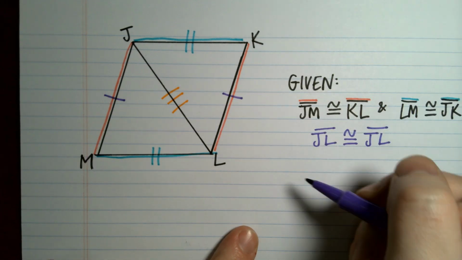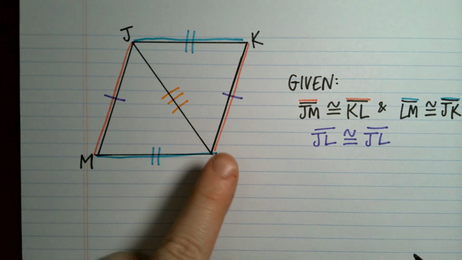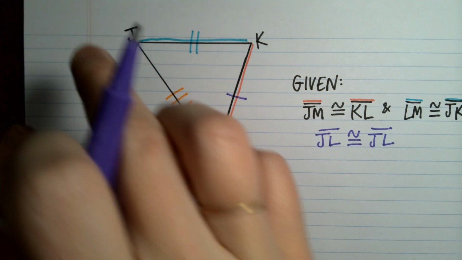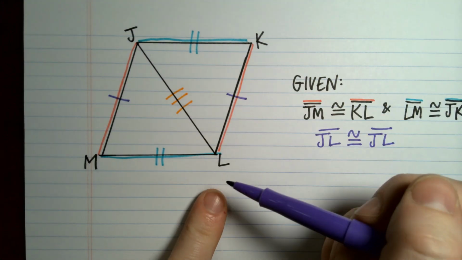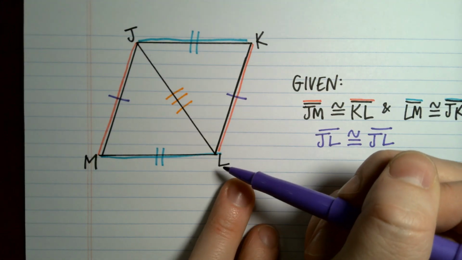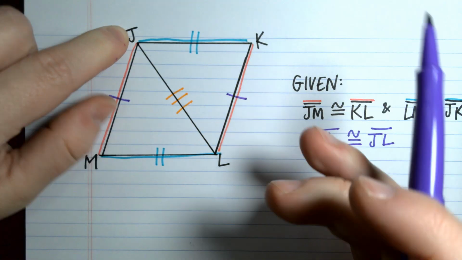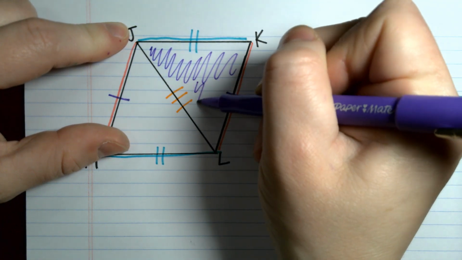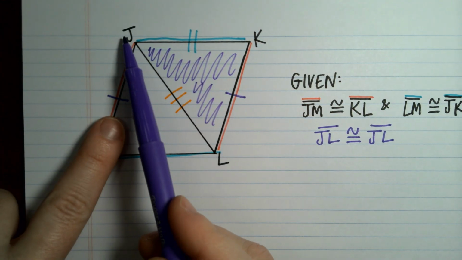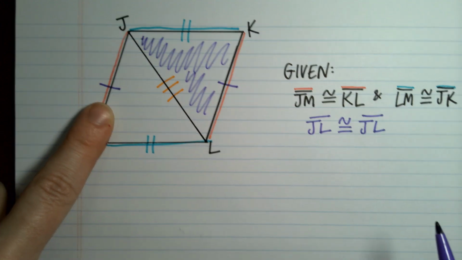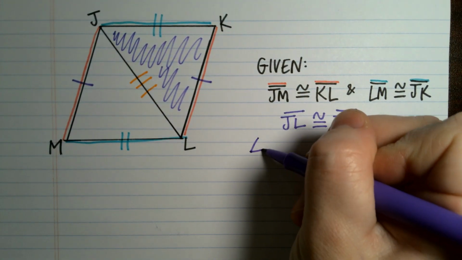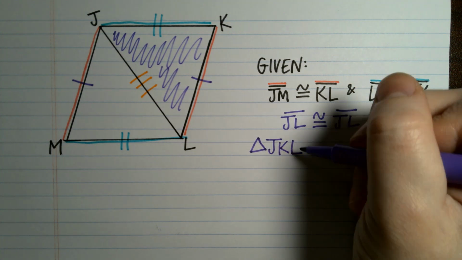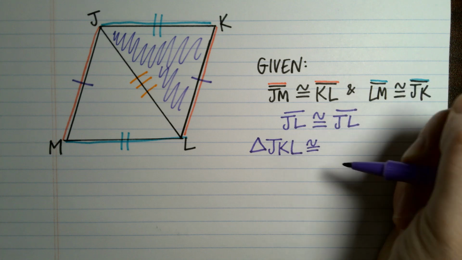When I name a triangle, I name it by putting the 3 letters that are the 3 vertices, or the 3 points, of the triangle. Let's start with J for this triangle here, the one shaded in purple. We're going to call this JKL. So we just draw a triangle and say JKL is congruent to.